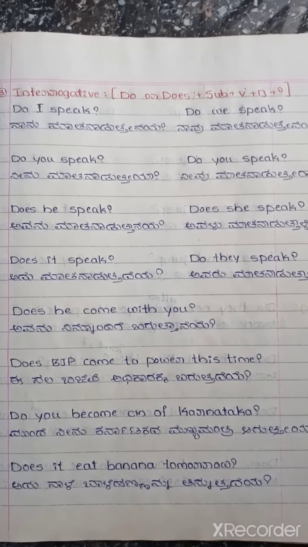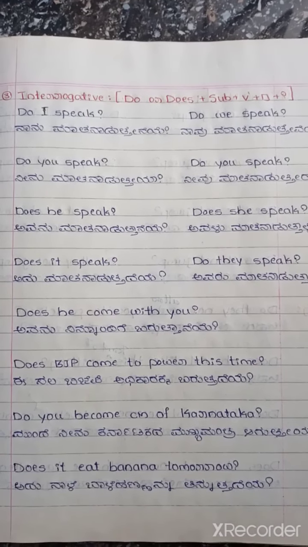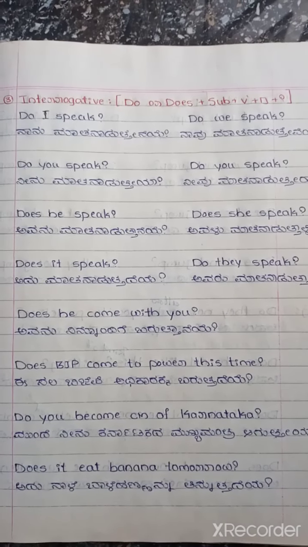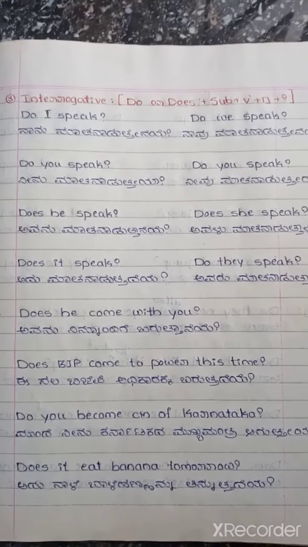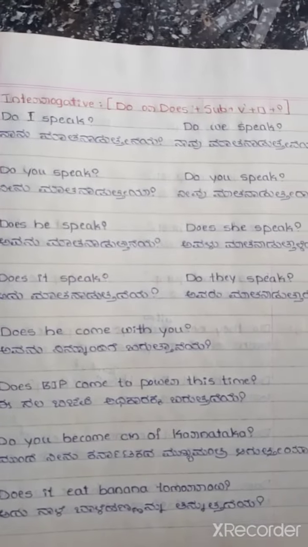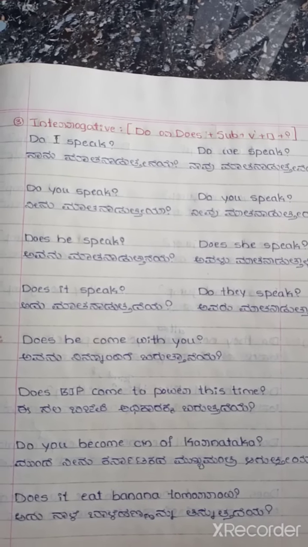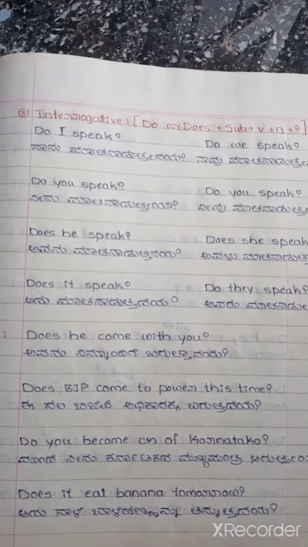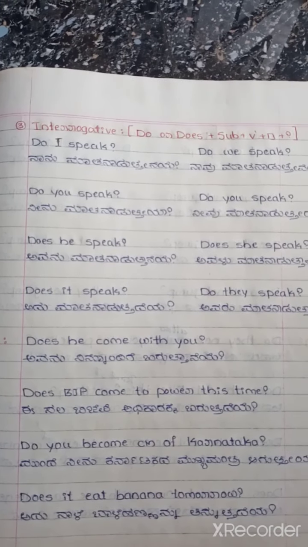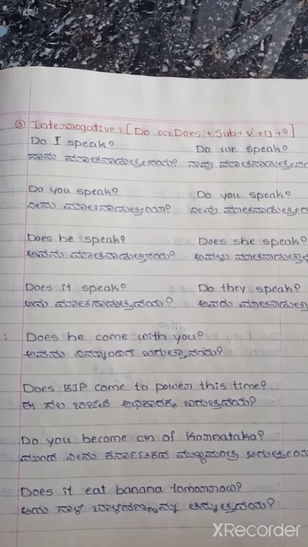We can see they are do or does, and thereafter the subject comes, and thereafter verb number one, thereafter box and question mark. And according to that, I have just given you certain simple examples so that, according to the pronouns, you can see what kind of change happens with the verb. The first example is: do I speak, do we speak, do you speak, do you speak.